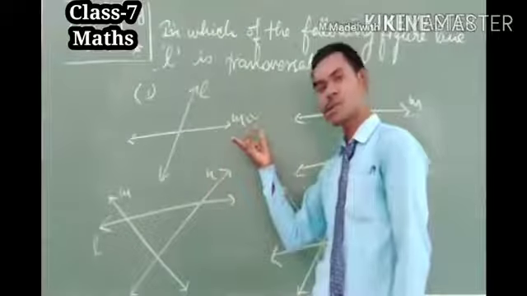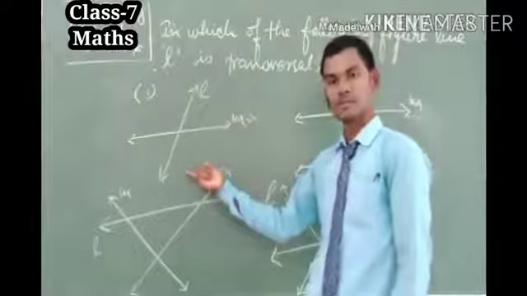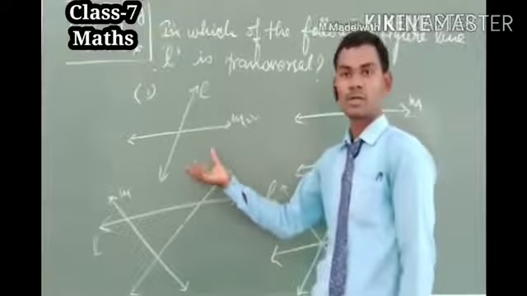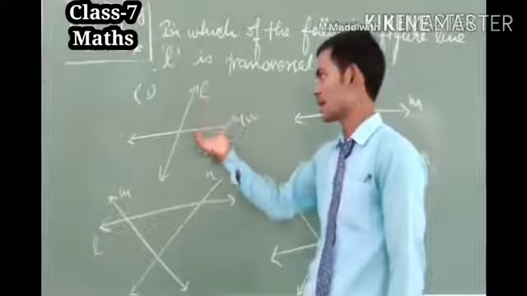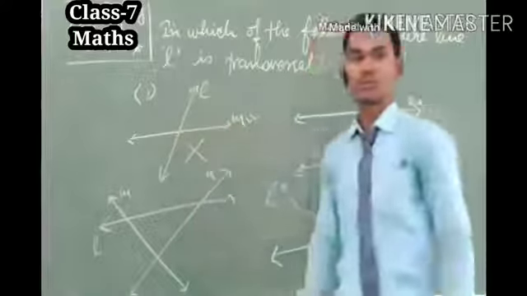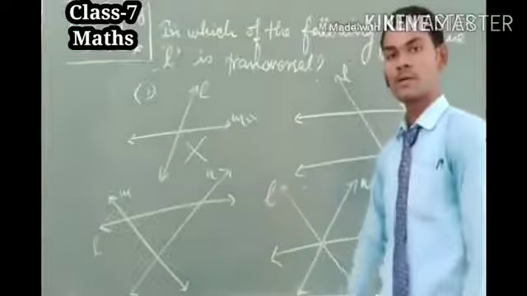But in the first figure, there is only one line given and a line which intersects it. Then they are only intersecting lines. They are not a transversal, so the line L is not a transversal. The definition does not hold for figure 1.